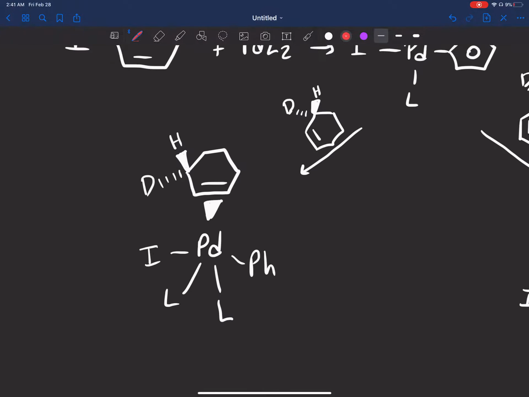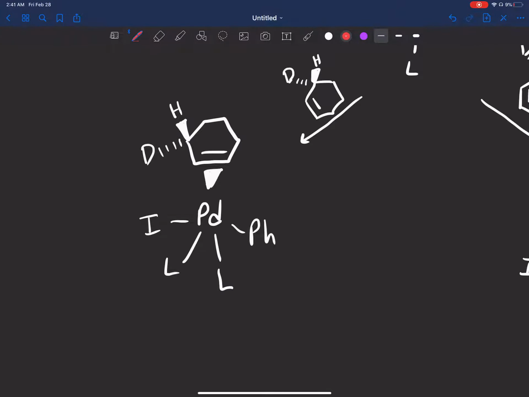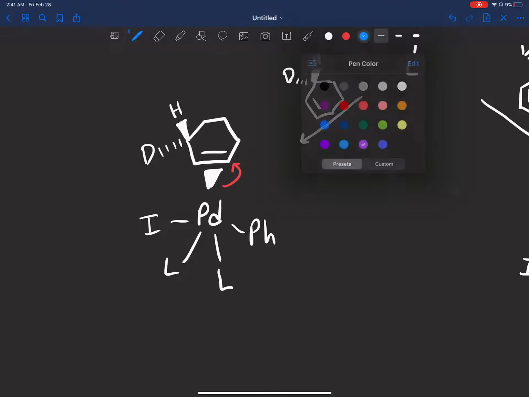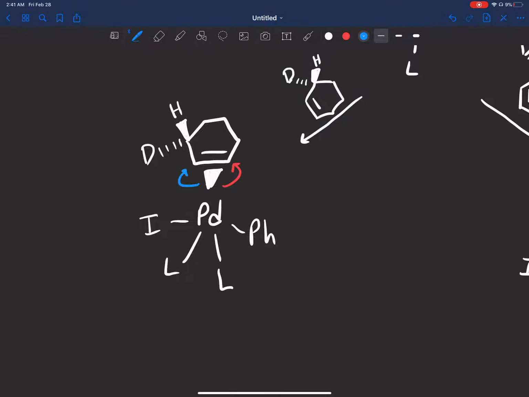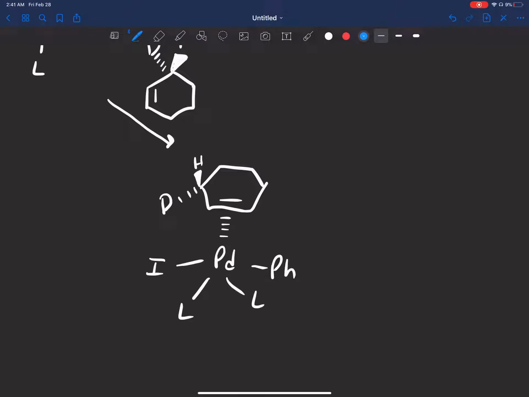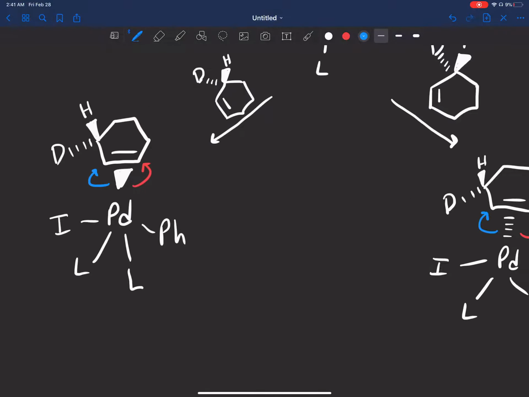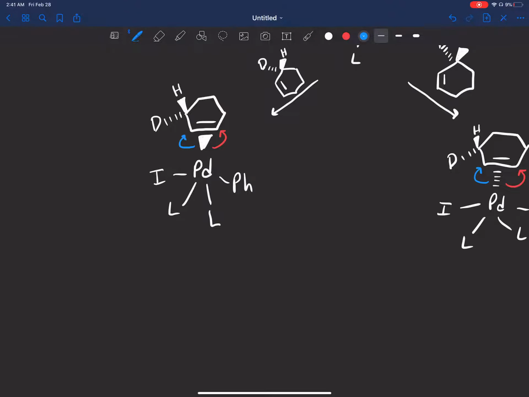So it's going to choose: it's either going to bind to that carbon or it's going to bind to that carbon. Let's actually do it in blue. Or that carbon. Same for this guy, he is going to bind either here or he's going to bind here. So we're going to do two pathways for each.